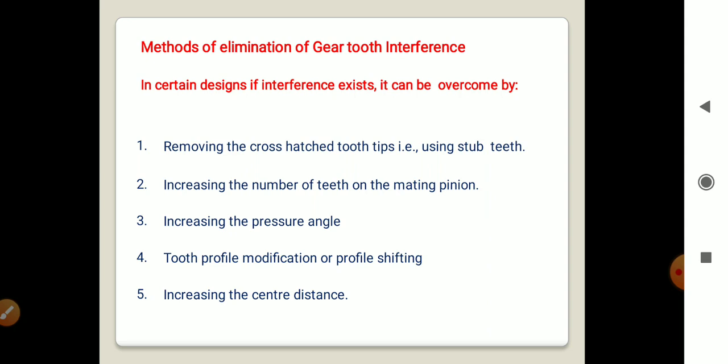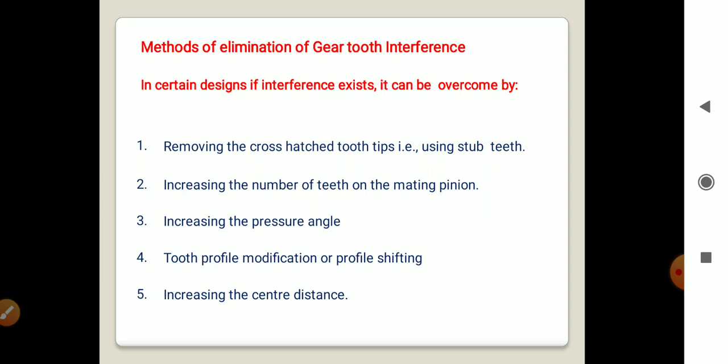Second, increasing the number of teeth on the mating pinion to avoid interference. Third, increasing the pressure angle phi to minimize or eliminate interference. If interference occurs, increase the pressure angle and see whether the interference is avoided; otherwise, increase the number of teeth and see whether the interference disappears.